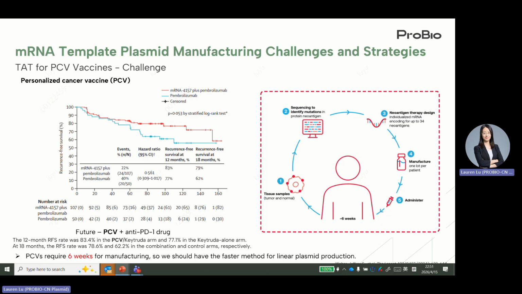So it means 6 weeks from the sequencing, the plasmid manufacturing and mRNA manufacturing, which is quite challenging. It's almost impossible for E. coli manufacturing to achieve this challenging goal.